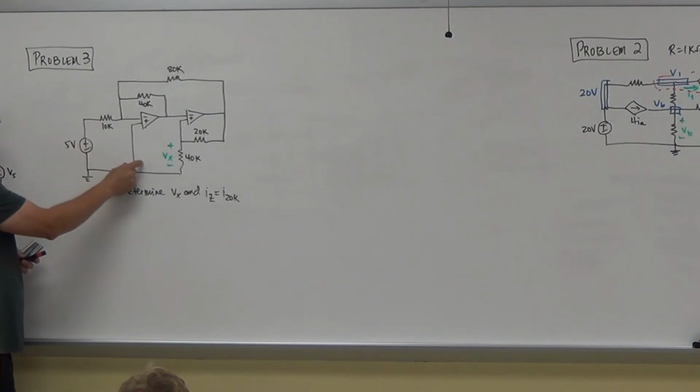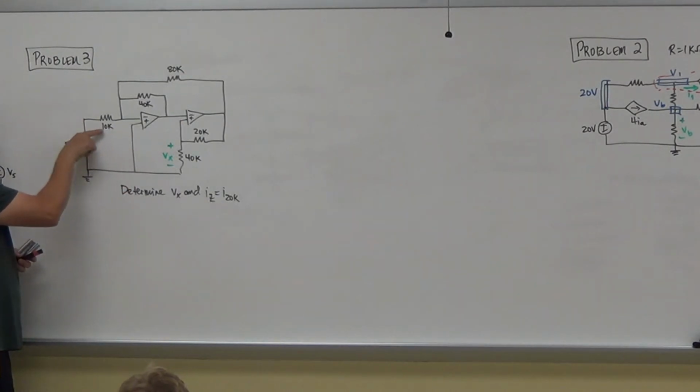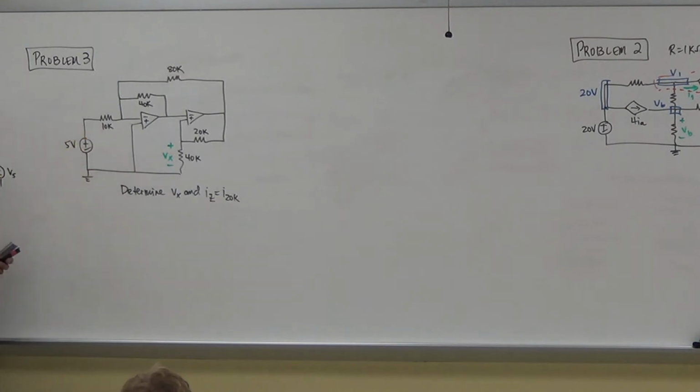I know that's ground. So I clearly have a current going this direction. One of the things I'm really surprised by is that when you pick a current direction, keep that current direction. Please do not change your convention once you start it. That was the downfall of some of you. So just be consistent, right?